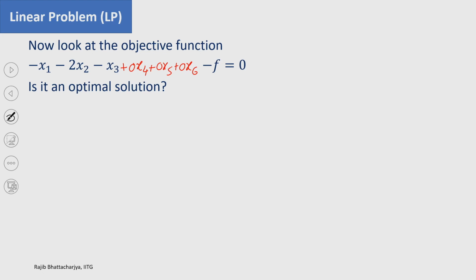Now, let us look at this particular objective function. Here you just see all are negative and this is a minimization problem.